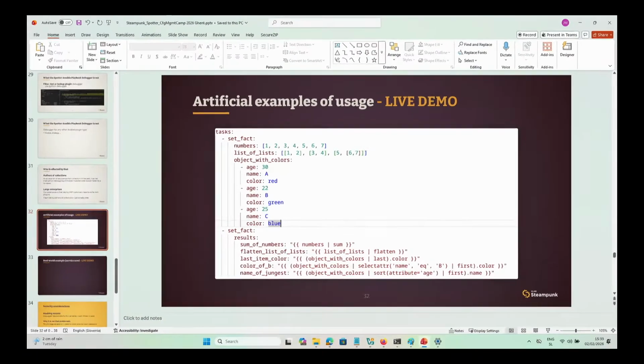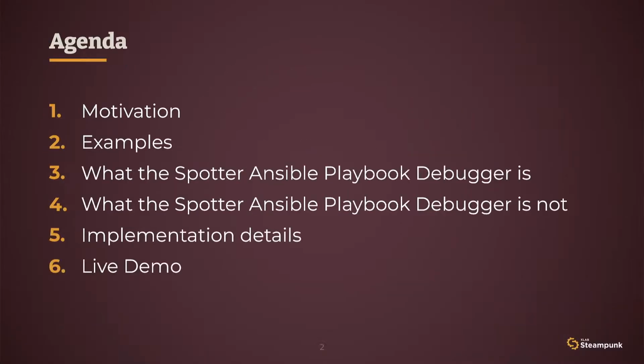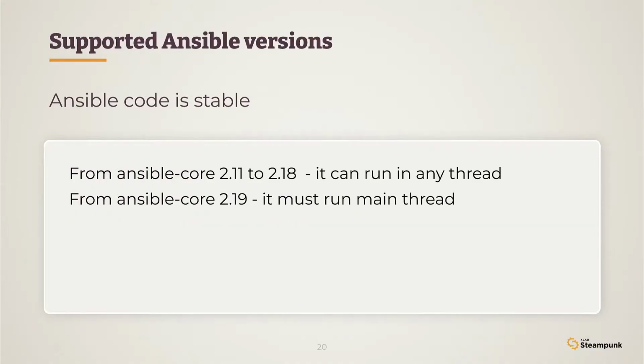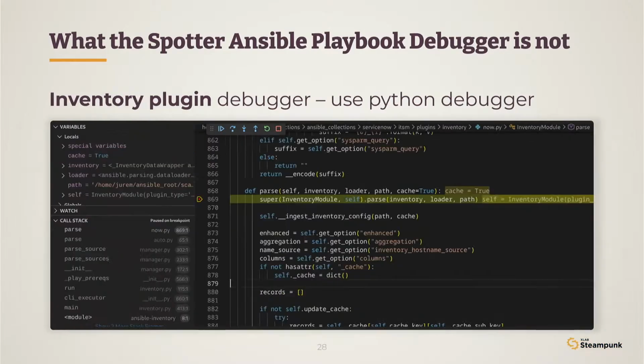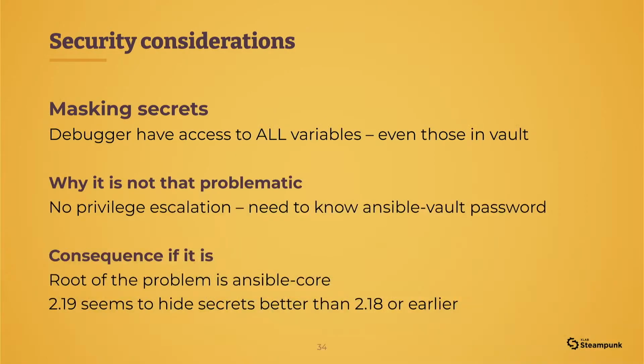If we go here, okay, we were here. What I've shown is that masking secrets is not perfect. You can see all the variables, but why can you see them? You were able to run the Ansible playbook from your machine.